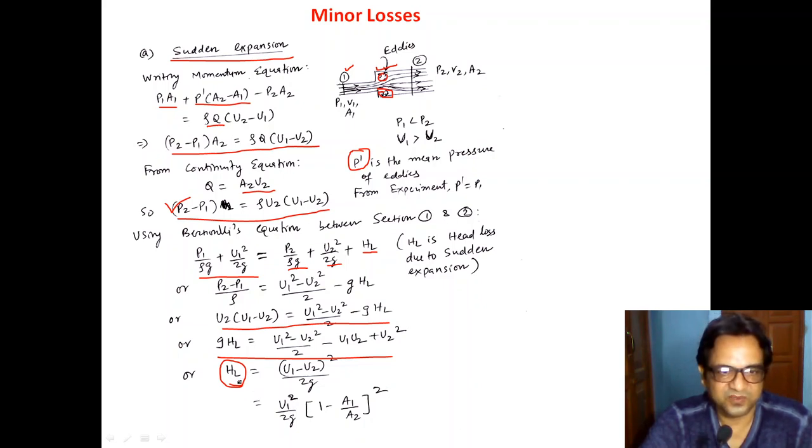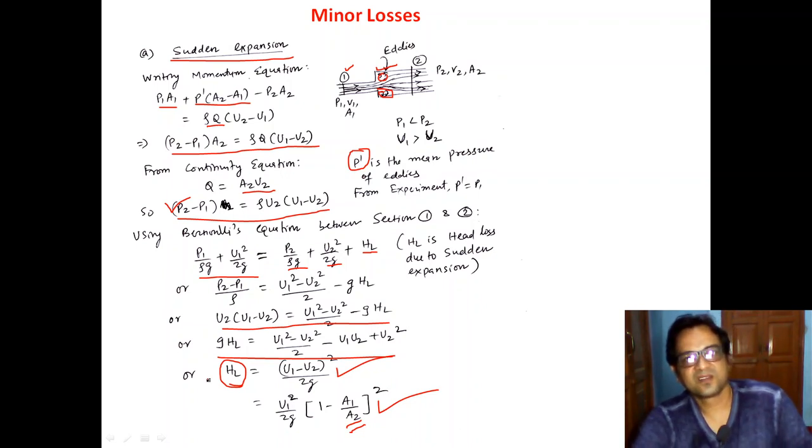So head loss in units of length equals (U1 minus U2) square by 2g. Now U1 A1 equals U2 A2 from continuity, so I can take U1 common, and write U2 minus U1 in terms of the area ratio. So if you know the areas A1 and A2 and the velocity at 1, we can find the head loss due to sudden expansion.